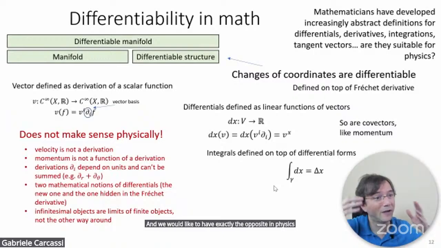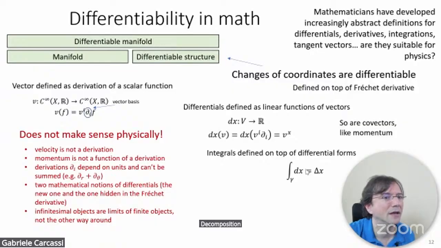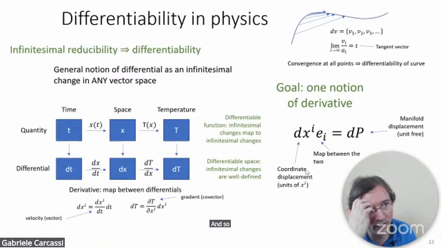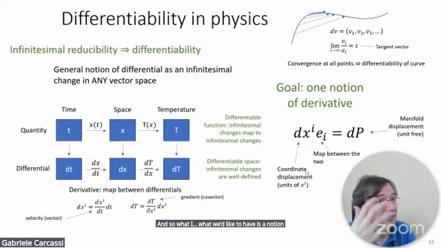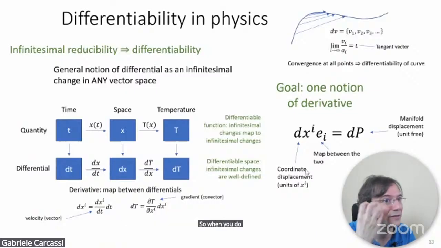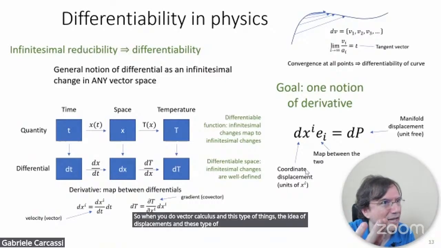We have the finite things, and the infinitesimal things are the limit of some decomposition, where something is getting smaller and smaller. So what we'd like to have is a notion of differentials that mimics more what's there when you do vector calculus, the idea of displacements and these types of things that make more sense.